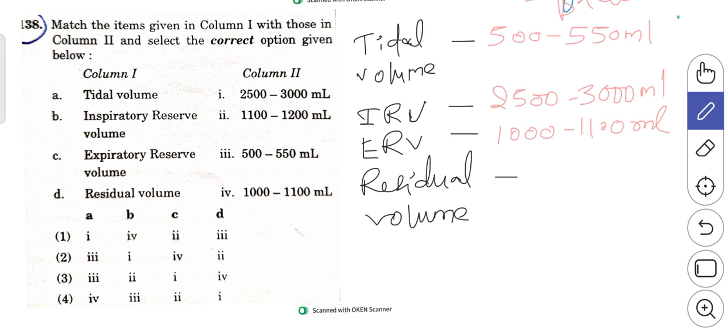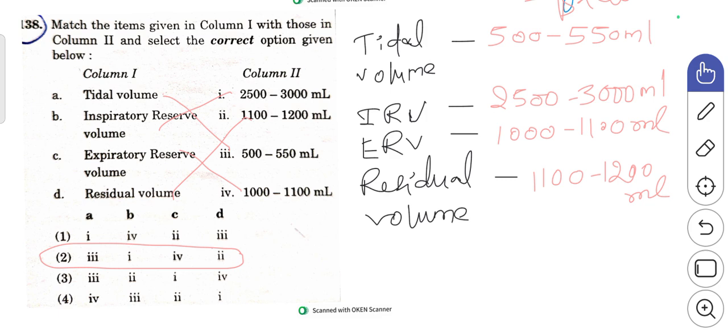Residual volume is 1100 to 1200 ml. So the right answer for this question: tidal volume 500 to 550, inspiratory 2500 to 3000, expiratory 1000 to 1100, residual volume 1100 to 1200. So the right answer for this one will be the second one. We'll discuss the next one.